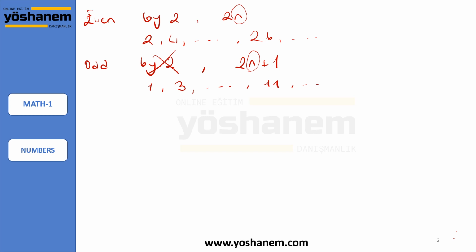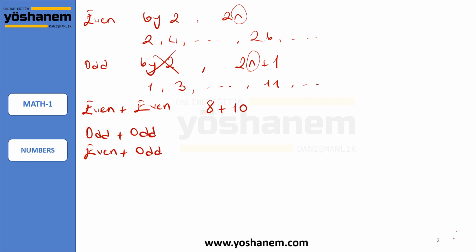Now let's look at the addition rule first. Only 3 cases can exist: even plus even, odd plus odd, or even plus odd. Even plus even would be something like 8 plus 10. No matter what even numbers you consider, the sum will always be even.